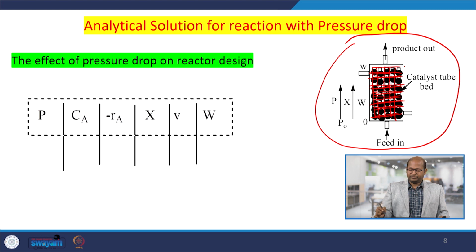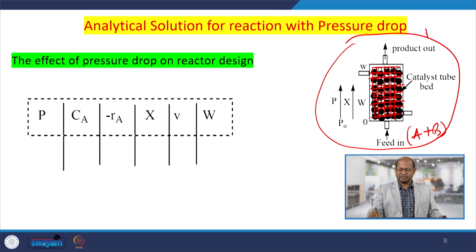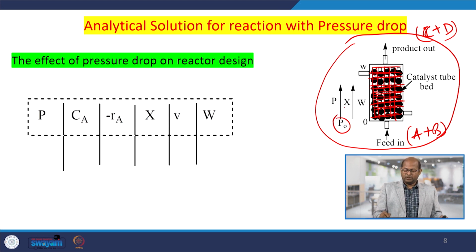With that, suppose we conduct a reaction, let us say A plus B going to C plus D, where the reactants are A and B and the product is C plus D, coming out here. If the pressure changes from the initial pressure P naught to some pressure inside the bed, then how does the concentration of reactant Ca vary?